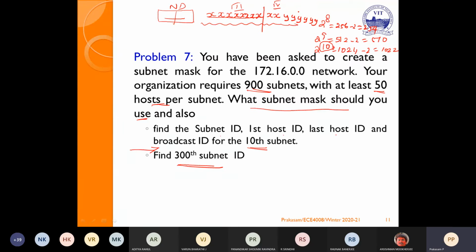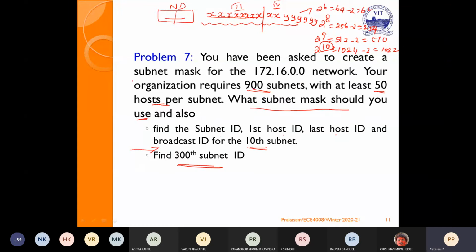Now I can cross check this also, whether it is possible to provide 50. So what is 2 power 6? 64 minus 2, 62. So out of 16, if I am allocating 10 bits for subnet, I can provide 900 subnets. Then 6 bits for the host, I can provide 50 hosts per subnet.